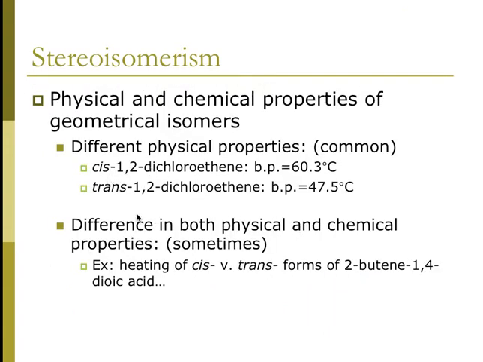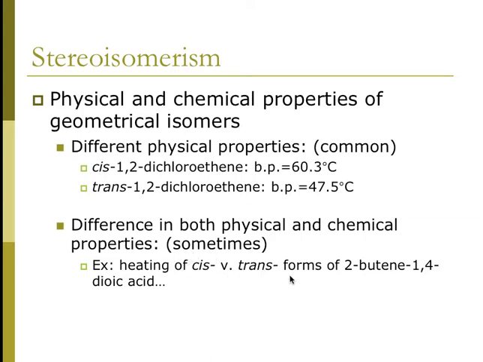With the cis being on the same side, those unequal sharing of electrons don't cancel each other out, and they tend to be polar. So there is a difference sometimes in both physical and chemical properties.